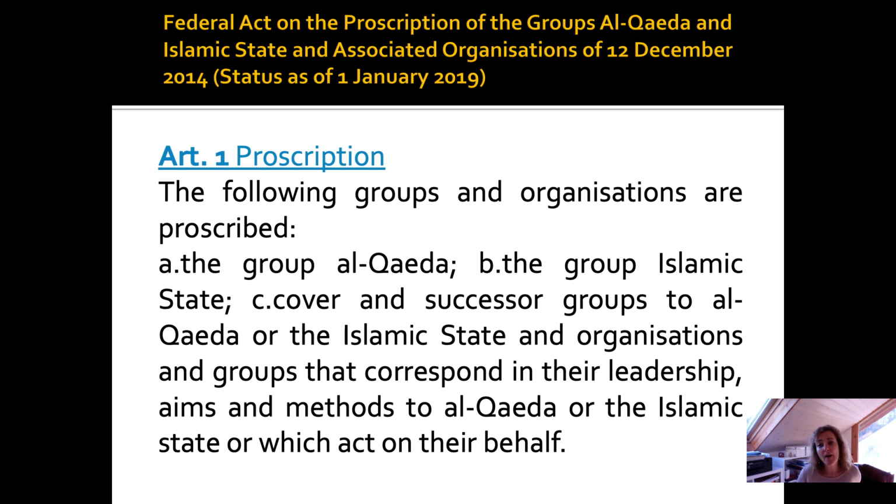Here you can see that there are two groups listed as prohibited organizations: Al Qaeda and the Islamic State, and also all the groups that correspond in their leadership, aims, and methods to Al Qaeda or the Islamic State, or which act on their behalf. So all the affiliated groups to Al Qaeda and the Islamic State are proscribed under this legislation.